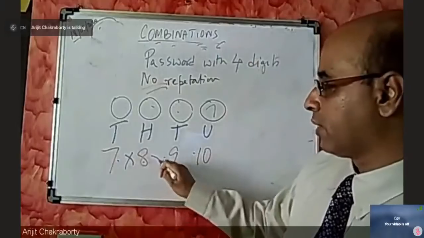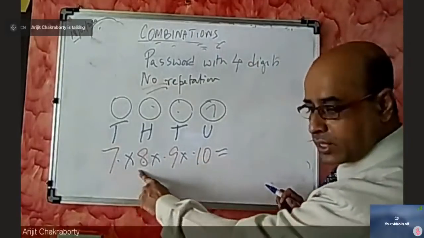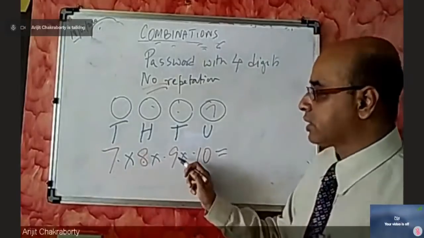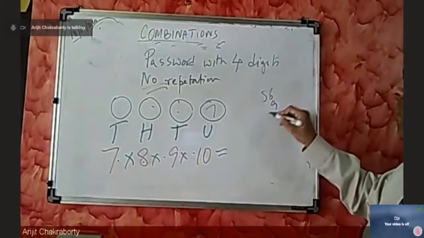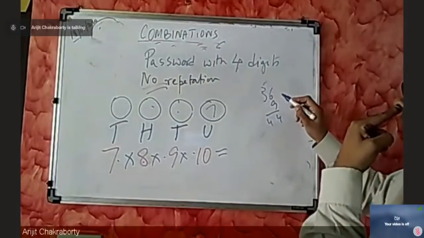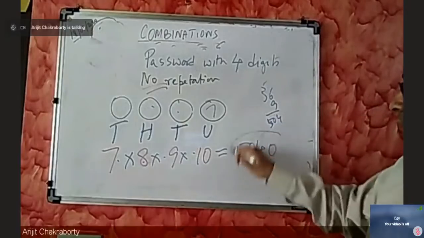So we multiply. 7 8s are 56, into 9. 56 into 9, 4 and 5, 45 and 50, 504. So I think this is 5040.